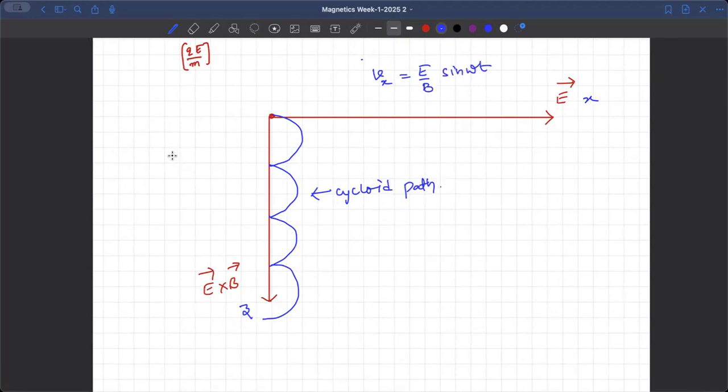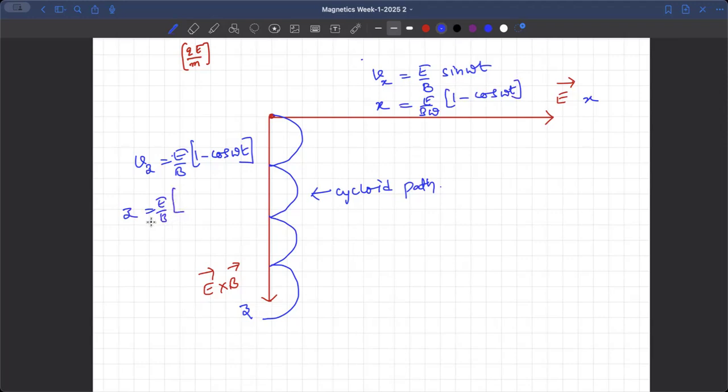And the Vz term is E by B times (1 minus cos omega t). Similarly, the X term is E by B omega times (1 minus cos omega t). Similarly, the Z term is E by B omega times (omega t minus sin omega t).